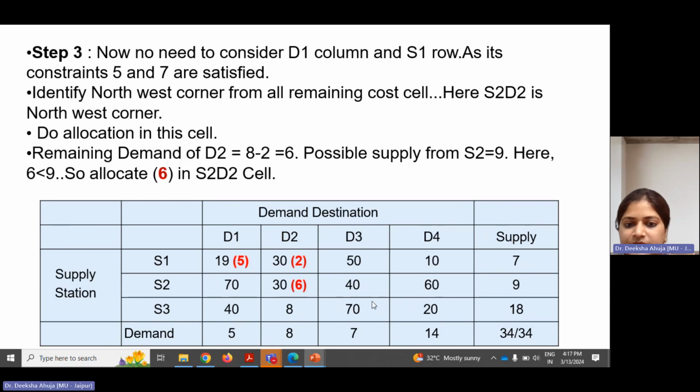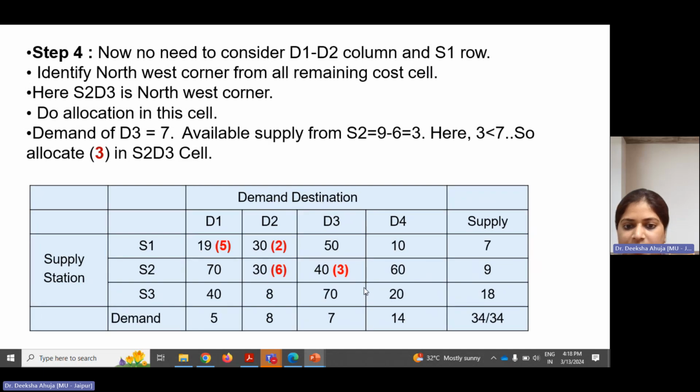So let's jump to another one. Here we can see that in this row, we have 3 as a balance. Here we don't have balance, but in this one we can accommodate. So for D3 and S2, we can allocate the value 3.